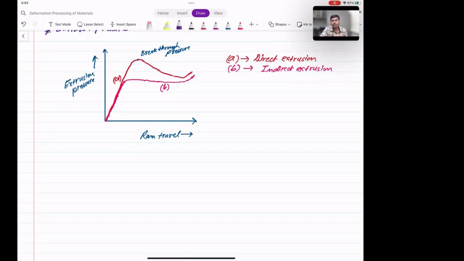So in turn, the frictional forces get reduced, and ultimately there is a decrease observed in the direct extrusion process.